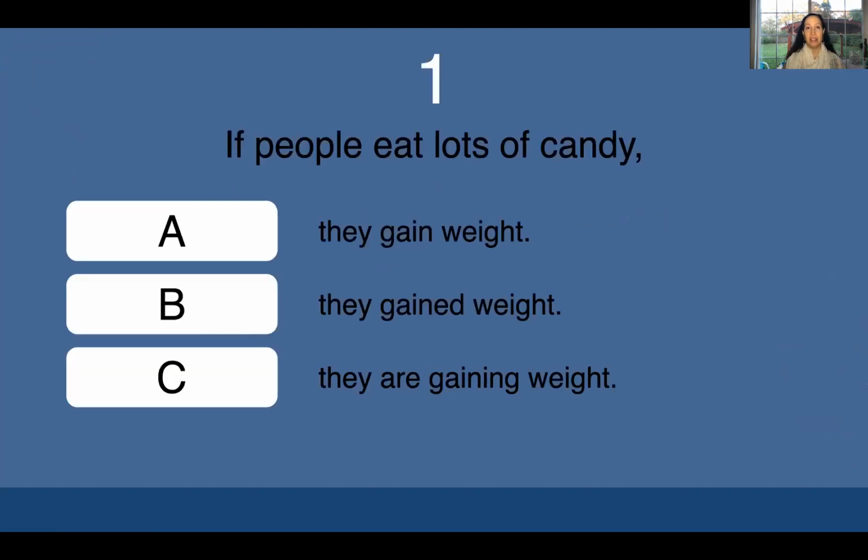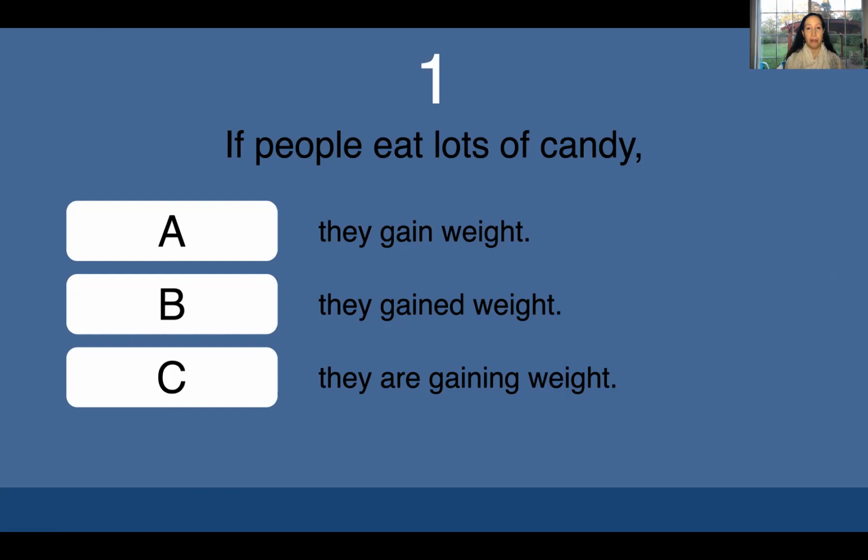If people eat lots of candy, what happens? Do they gain weight? Do they gained weight? Are they gaining weight? Now remember, you have to have the same verb tense. Where's the verb? Here's the verb, eat. So what verb tense is eat? It's present simple tense.